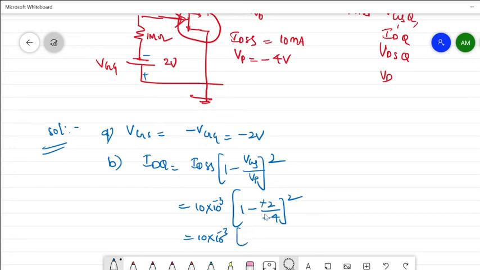So 2 by 4 is 1 by 2, that is 0.5, 1 minus 0.5 is 0.5, whole square is 0.25, so 2.5 milliamperes. Final answer is 2.5 milliamperes.